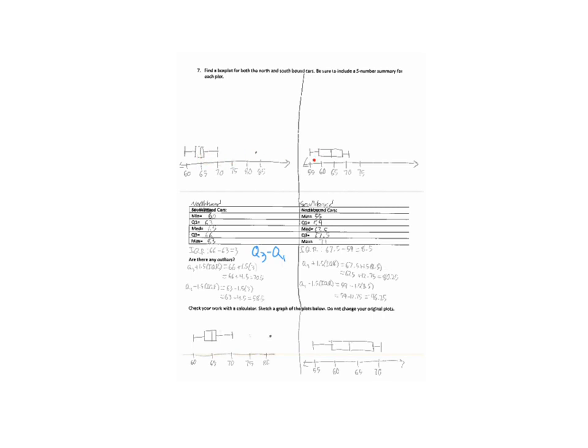That makes it easier to compare my graphs. I wouldn't want to adjust the X scale below because it would make it harder to do an equal comparison. But because they're scaled the same, I can see that this box is much wider than this one. So this one is more variable and we can see that in this calculation of it having a bigger IQR, 8.5 compared to 3.